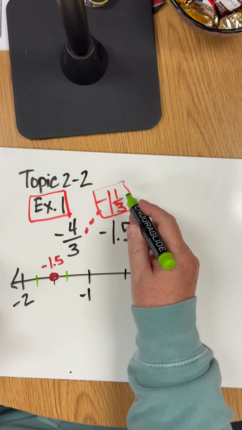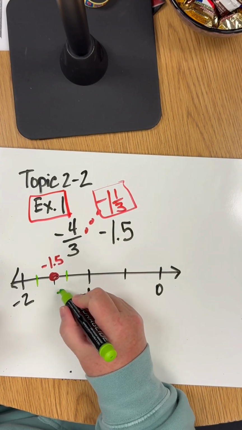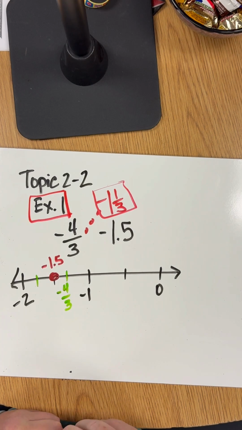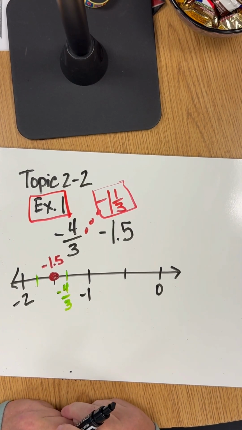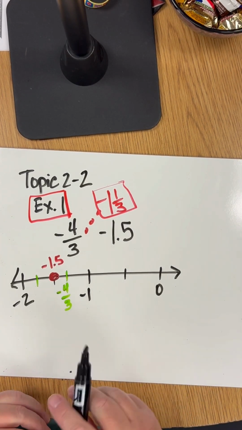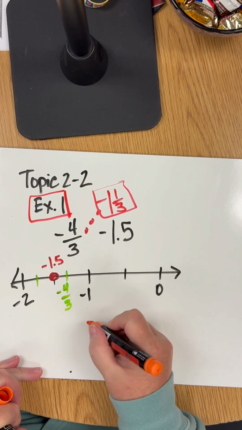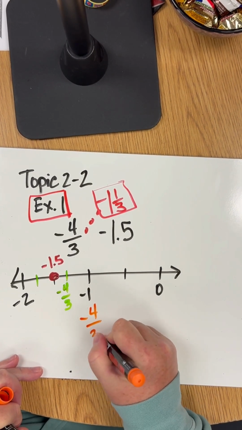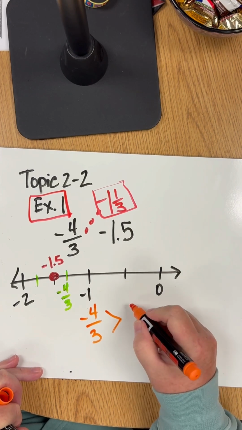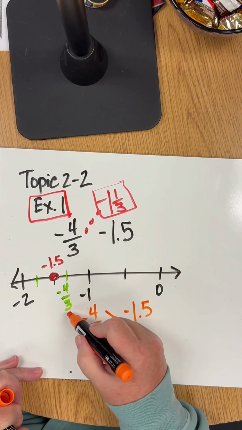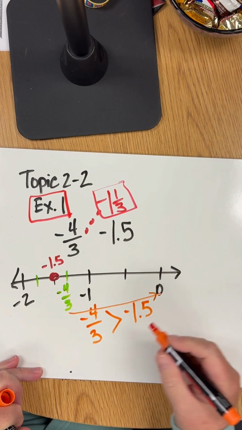And so a -1 1/3, but I'm going to put it over here as it was in its original form. And then if I had to compare which one was a larger number, I could say that -4/3 is larger than -1.5 because it is closer to 0.